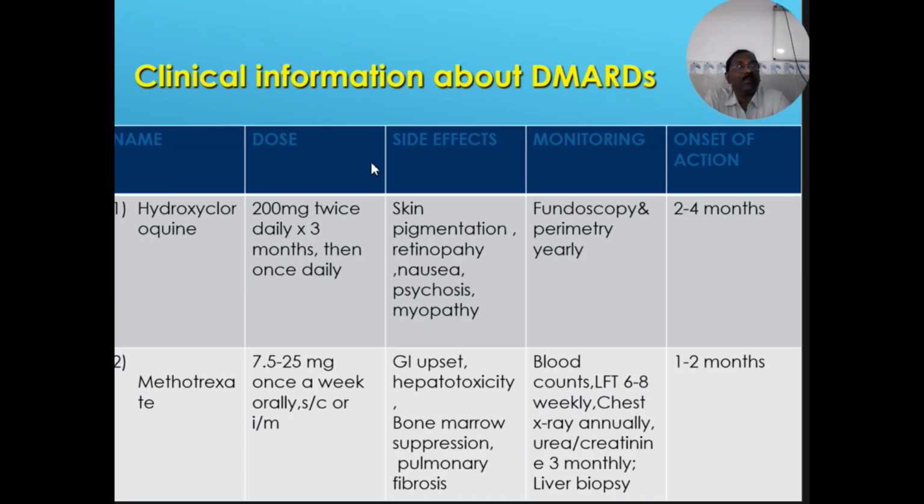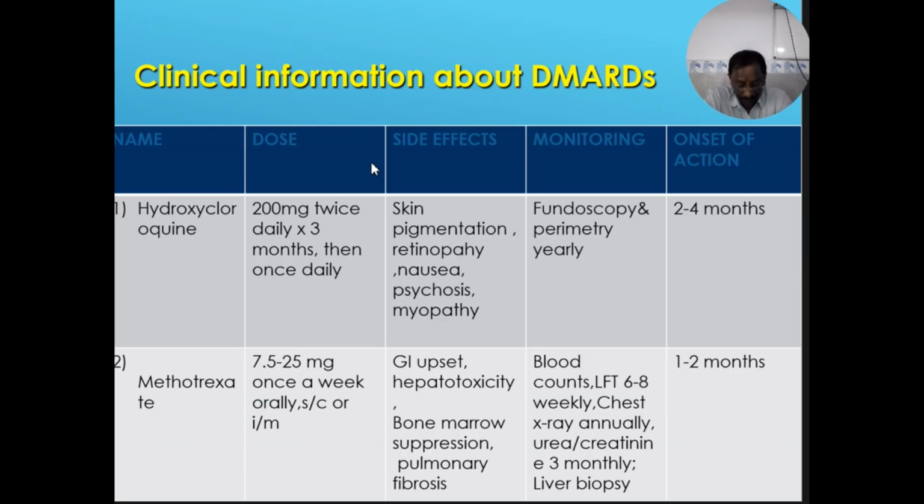Then methotrexate. 7.5 mg tablets are available, 10 mg, 12.5, 15, 20, 25. Again, not every day, once a week. That is very, very important. Either orally or intramuscular. We don't give methotrexate subcutaneously. We give either oral or injectable; injectable means IM.